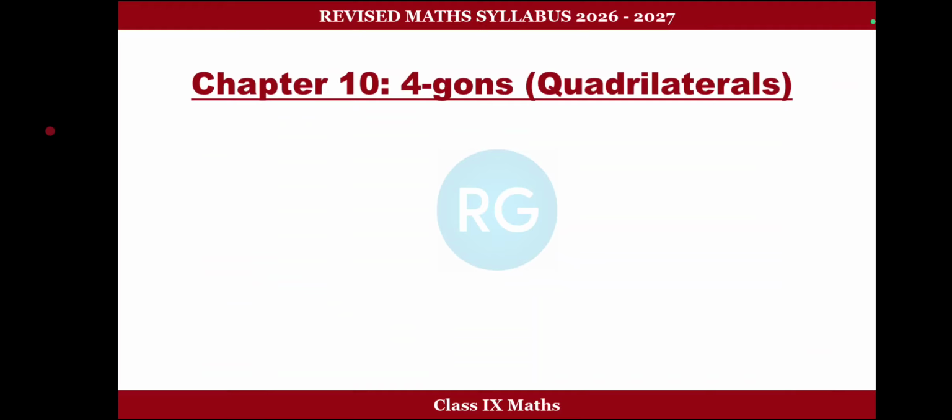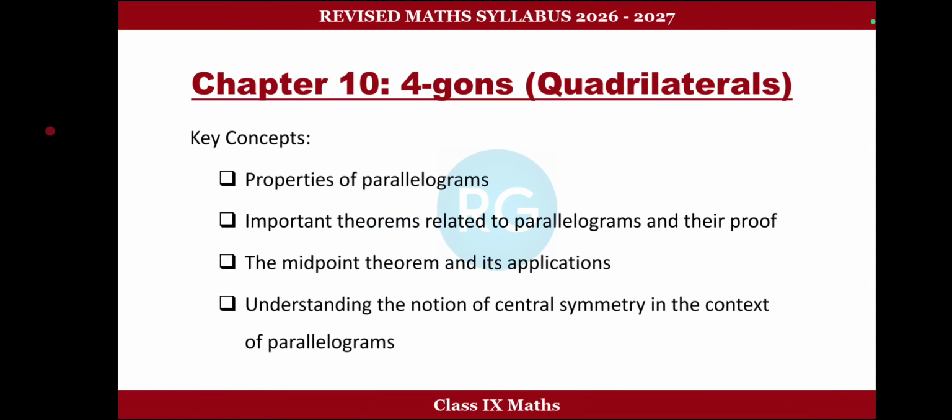Moving on to chapter 4, quadrilaterals, which was already part of our earlier curriculum. This year we have the same thing: properties of parallelograms, midpoint theorem, all the proofs related to parallelograms. One new thing is symmetry, which has never been a part of the 8th, 9th, 10th curriculum.